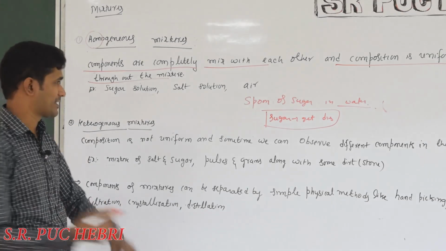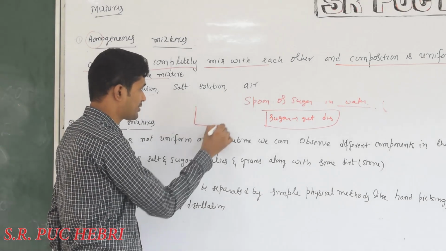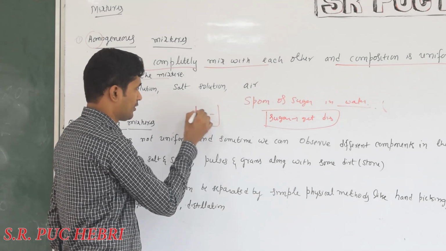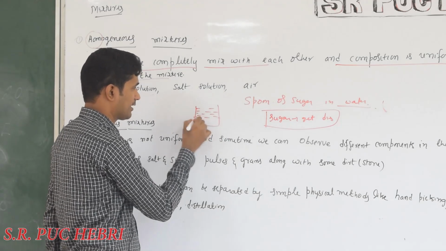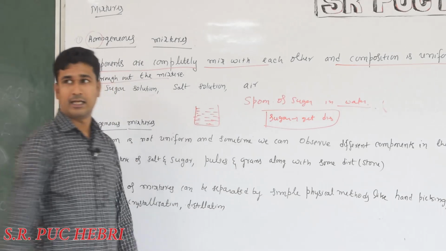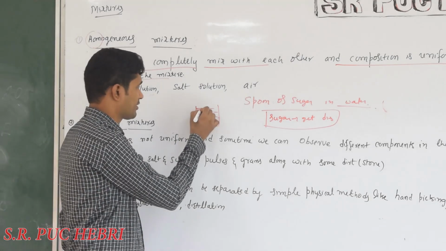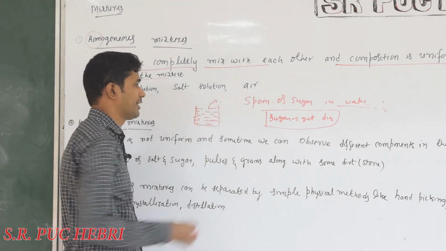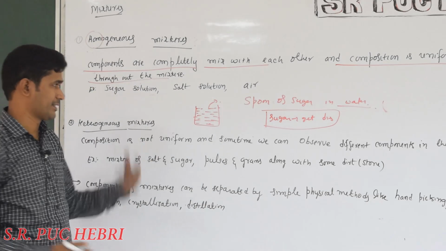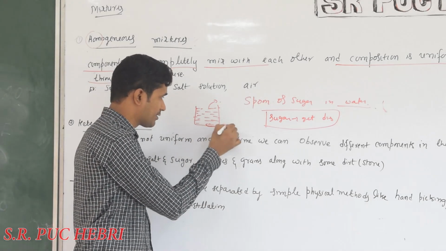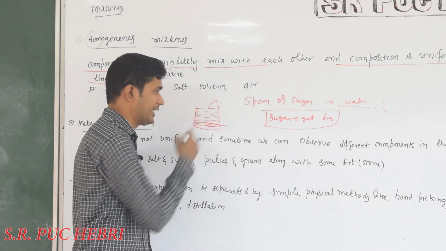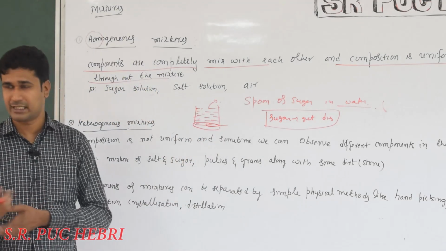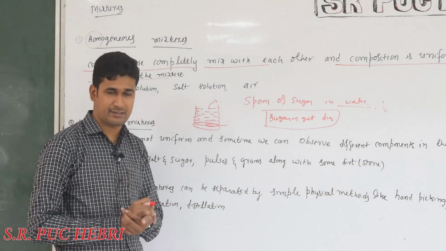Let me explain. You take the same sugar solution in a beaker or a glass. Now you take a little sugar solution from the surface of the glass and taste it. It will give you a sweet taste. Now you take a little solution from the bottom of the container and taste it. That is also sweet.